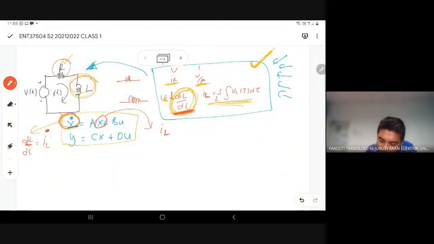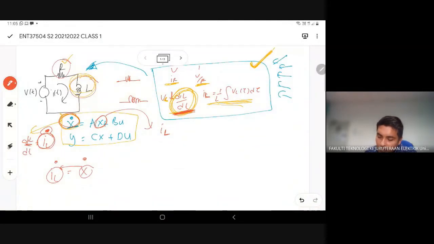If you have IL dot equivalent to X dot, it means that your X will be equal to IL.